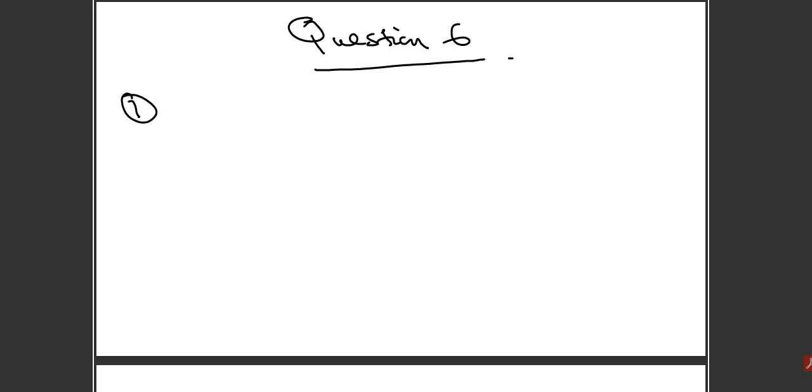So number 1, they're just saying, what's the domain of f of x is equal to the square root of x minus 3. So you always have to know the function that you're dealing with. This is a radical function, meaning the guy in the square root must always be positive, right?